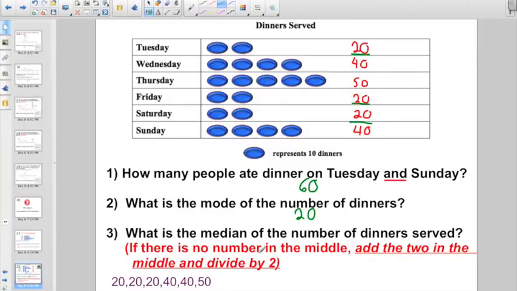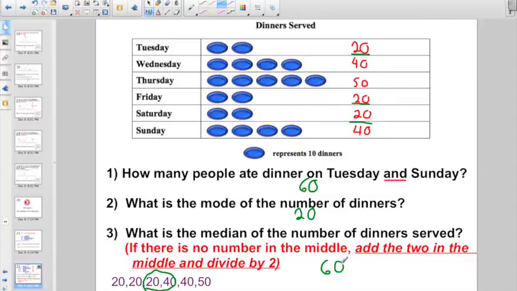So if there is no number in the middle, you have to add the two in the middle and divide that by 2. I have 20 and 40 in the middle of my data set. So 20 plus 40 is 60.